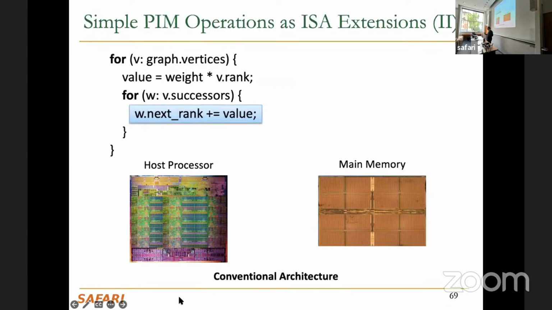So why would this provide any benefits? I'll go through this relatively quick. This is the same code that I showed you, a page rank based code for Tesseract. Now, if you want to update this next rank, in a processor-centric system, you need to bring this next rank to the host processor, update it, and write it back, right? So that's 128 bytes of data movement, assuming 64-byte cache lines.